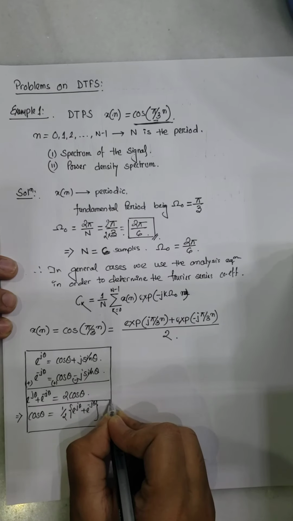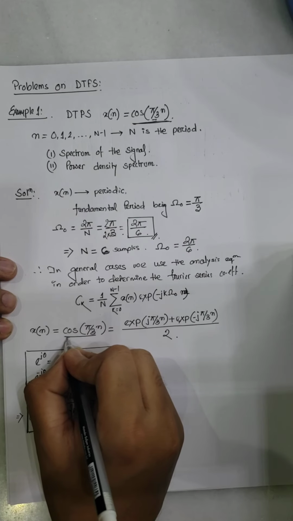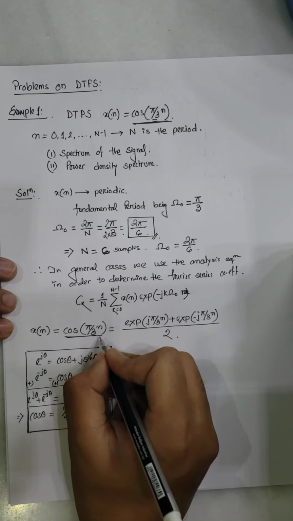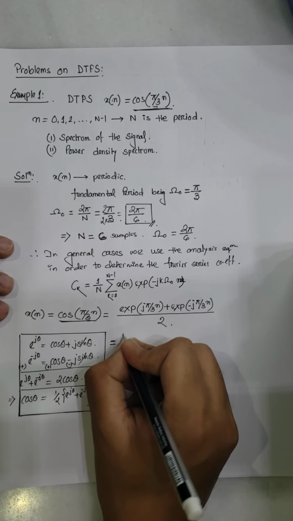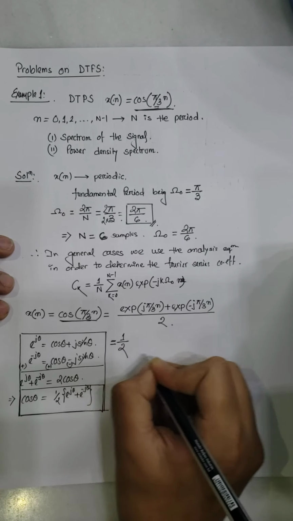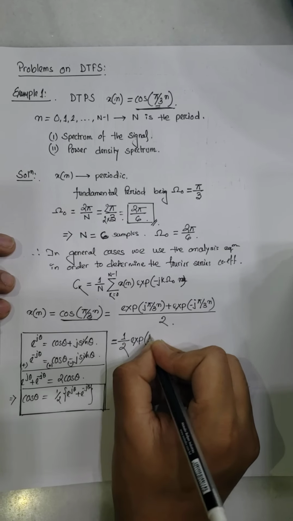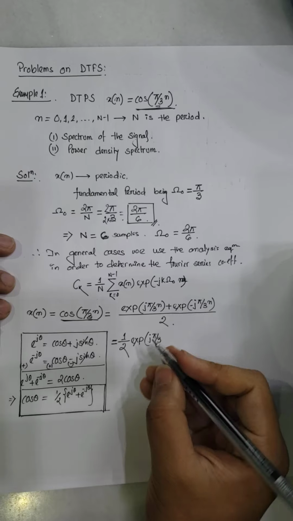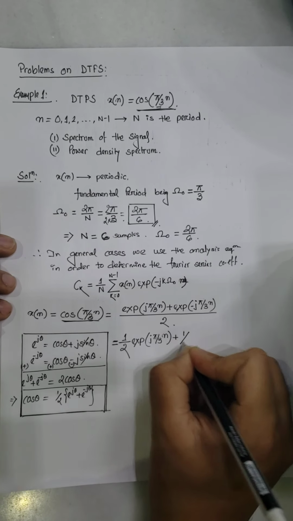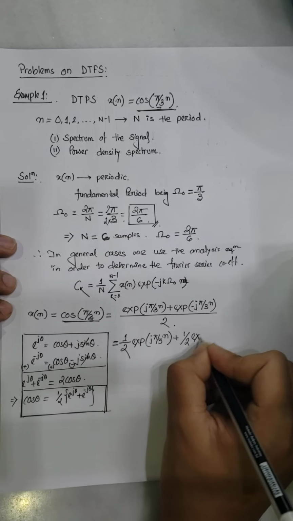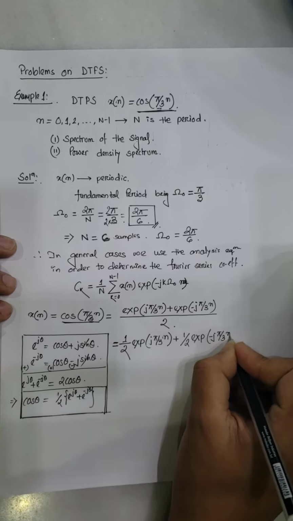So we have used this expression for calculating the value of cos pi over 3n. If we expand this equation a bit further, we get 1 over 2 e to the power j pi by 3n plus half e to the power minus j pi by 3n.